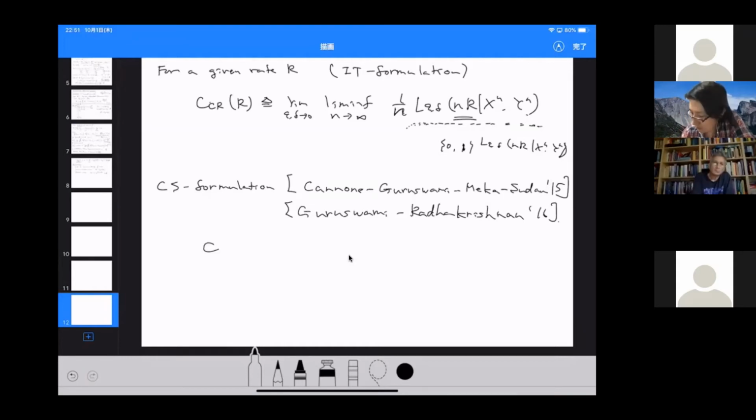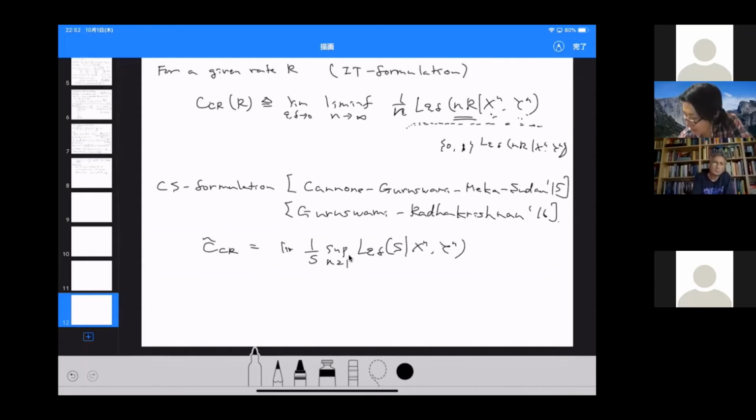Okay, so in the CS formulation, as in computer science, they consider the length of xn, yn as infinite. So for given communication cost S, we take the supremum of length n, and we are interested in the growth rate with respect to the communication cost.